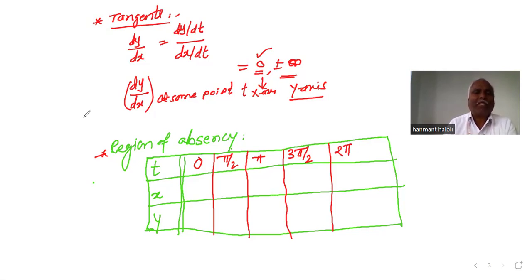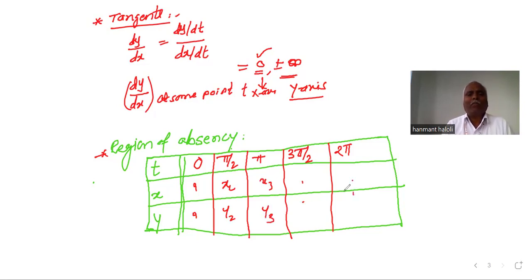If parameter is theta, you can take angle form. If parameter is t, you can take numerical values, or a, b, c depending on your problem. By using these values, find out value of x, value of y. Again here x2, then you get y2 value, x3, then y3, and so on.